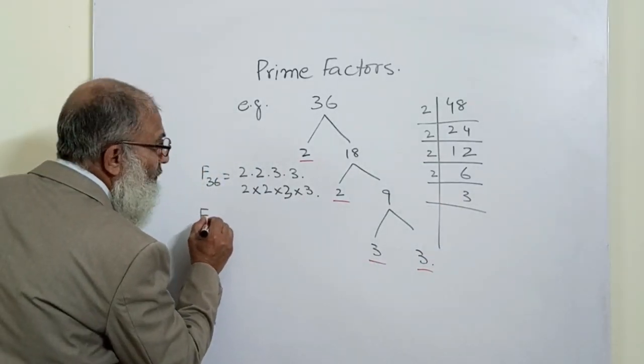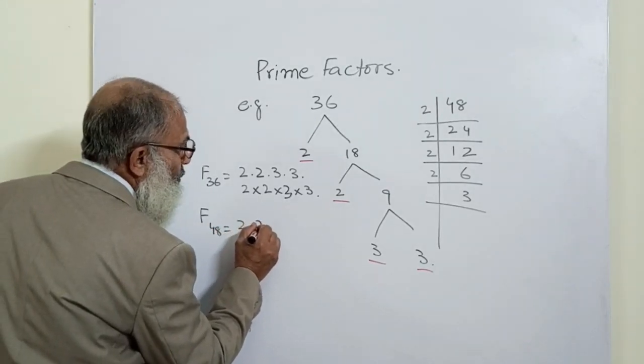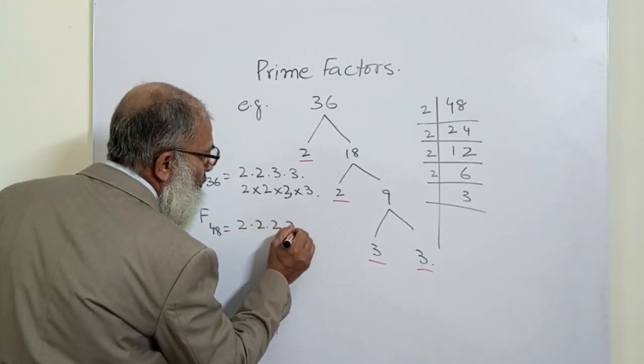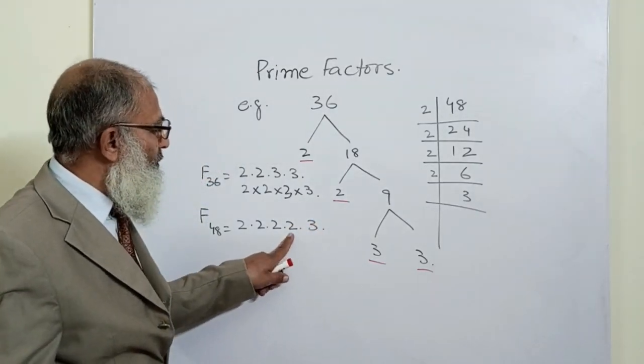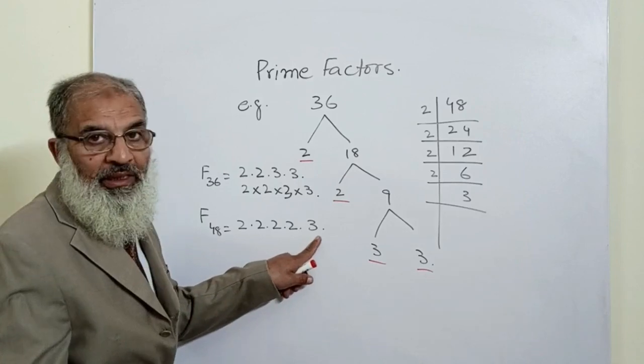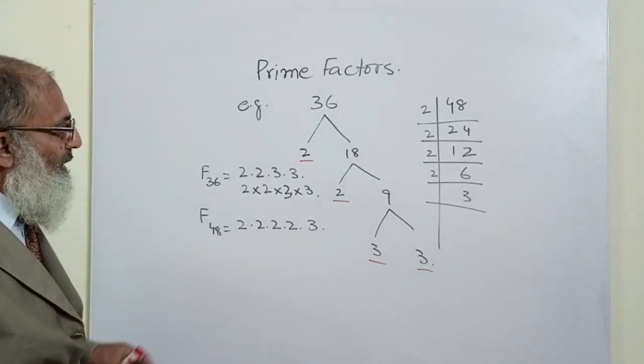So what are the factors of 48? 2.2.2.2.3. 8 times 2 is 16. 16 times 3 is 48. Okay. Now this has been done.